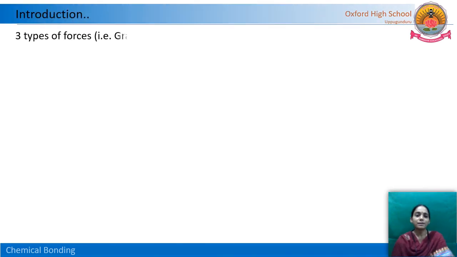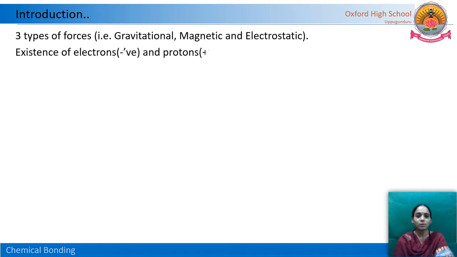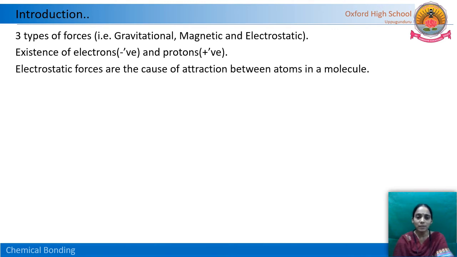At the end of the 19th century, scientists discovered that three types of forces are there. Those are gravitational, magnetic and electrostatic. At that time, electrons, protons, neutrons, that means the subatomic particles, were also discovered, and the charges were also known. Then by concluding these two, they decided that electrostatic forces are the cause of attraction between the atoms in a molecule.